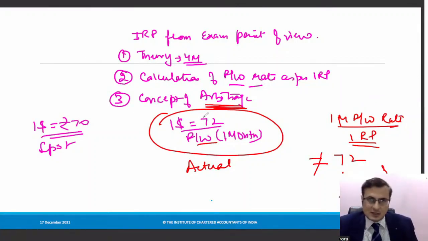I hope you understood the concept. We have completed American quote, European quote, direct quote, indirect quote, cross rates. We have done forward period, broken forward period, and a lot of comprehensive questions. Thank you so much for your valuable time. If you have any doubts, you can ask me.